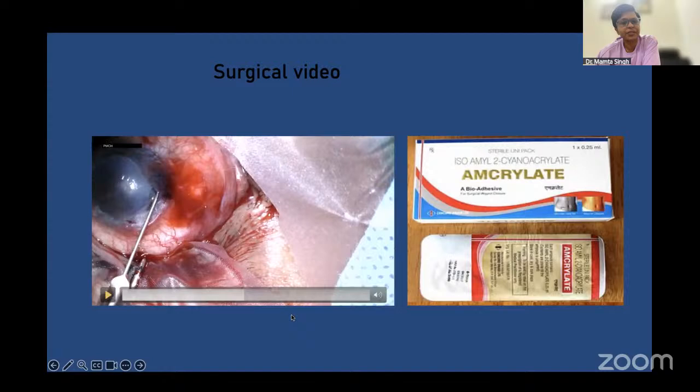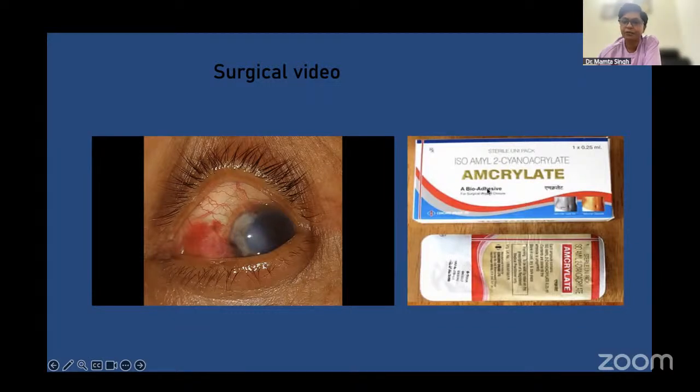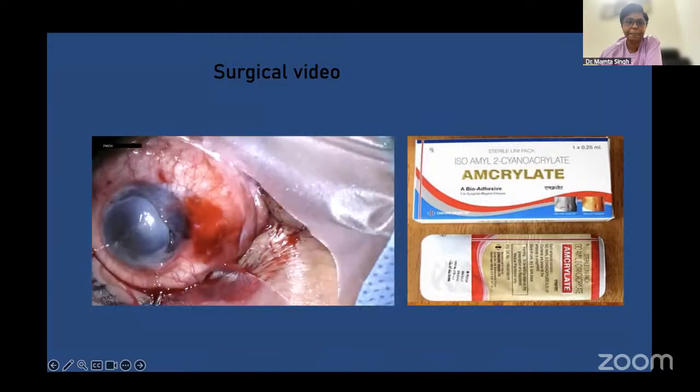Although the post-op result was, I mean, nothing different from any other case, when we tried to find out the reason for this, one of the probable reasons, I would say, was that the expiry date written on the inside pocket was different from what was on the outside pack. So this was a learning experience for us.